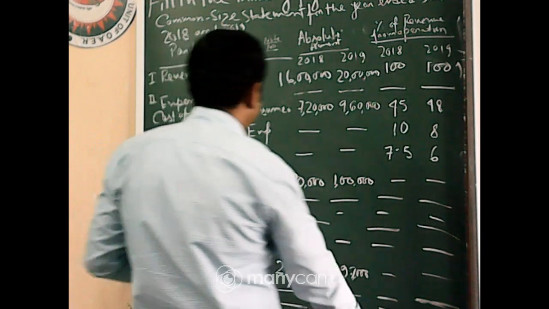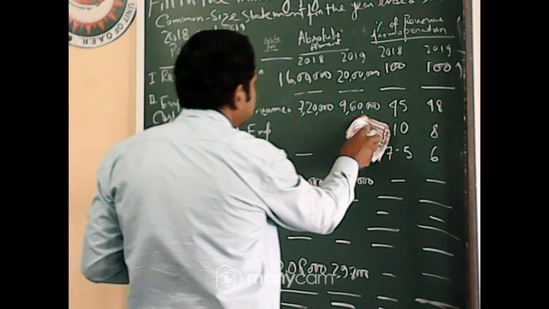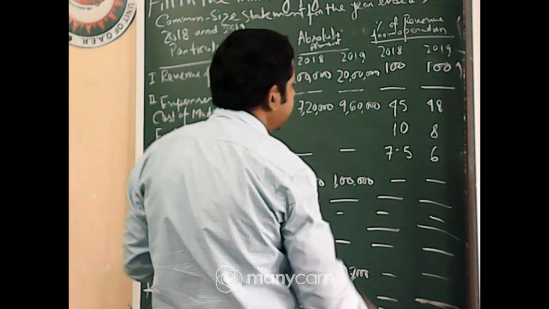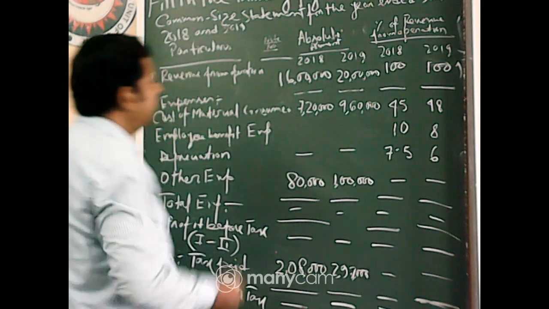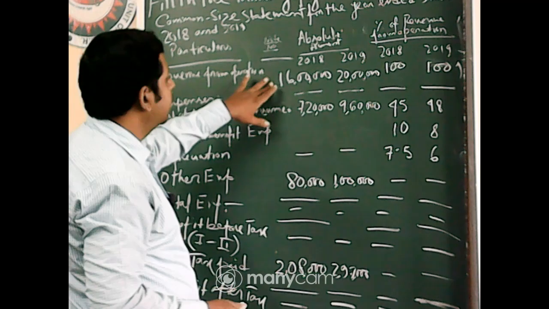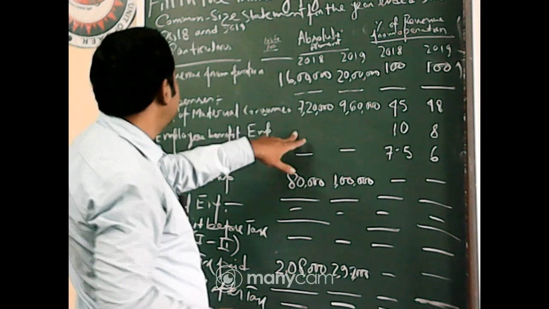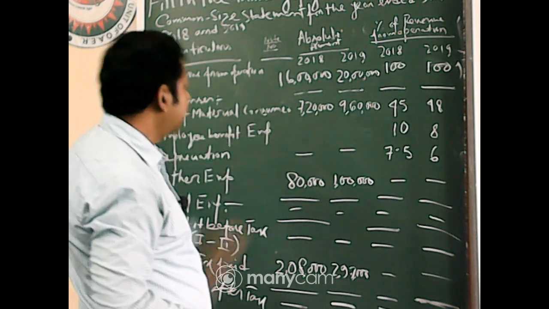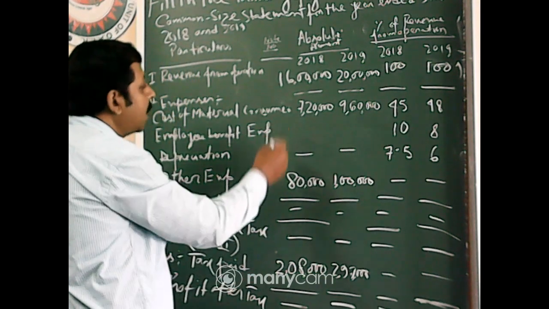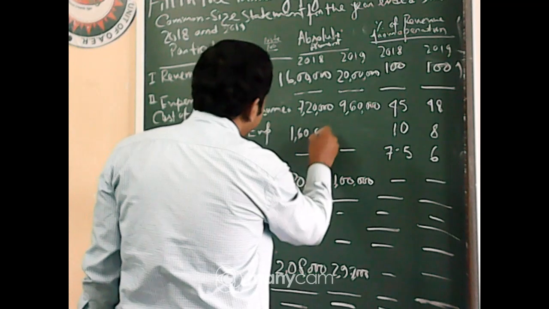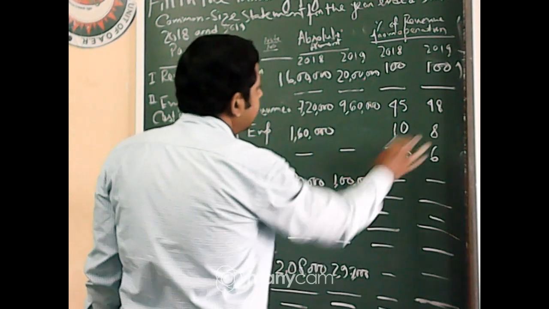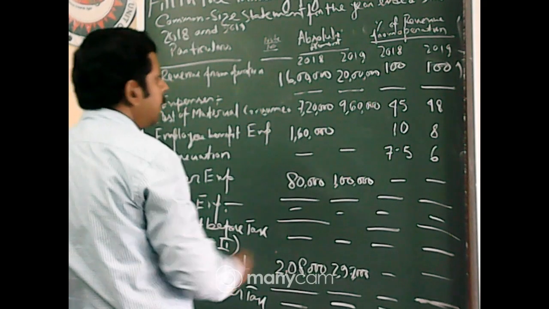Now the next point, employee benefit expenses. The absolute figure is missing but the percentage is given, that is 10%. From 16 lakh, 10% will be the employee benefit expenses. What is 10% of 16 lakh? That is 1,60,000. And that is 8% in the next year.